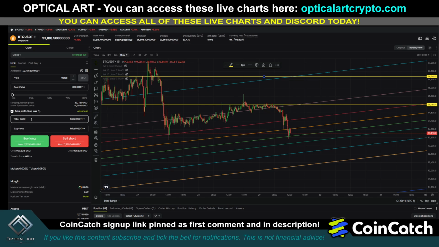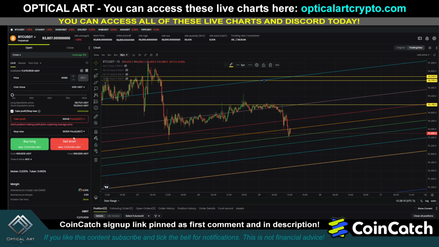For the stop loss, if we push above this point and I'm in profit, I want my stop to be below here. So this would be my stop loss, 96,359. And if I do sell short, it won't let me do it, because limit orders only allow you to short resistance or long support.